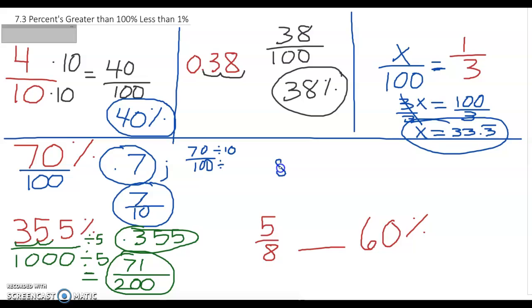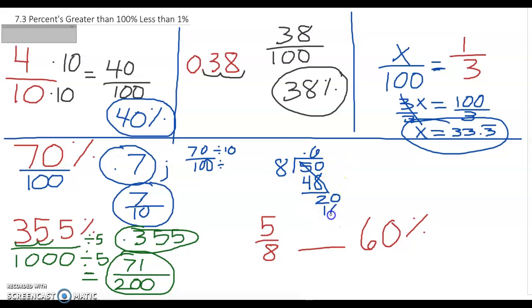So we have 5 divided by 8. We go 50, 48, 2, and then we're going to keep going.